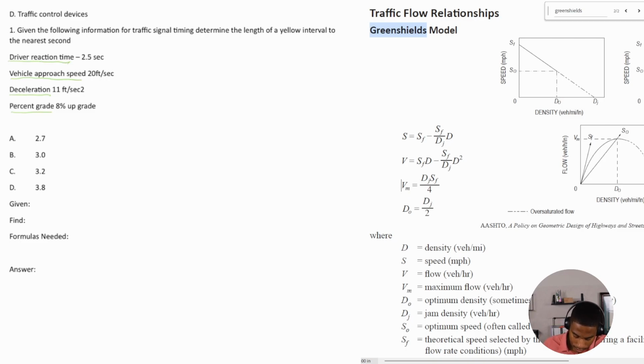We're trying to find the length of a yellow interval. I'm just going to erase that because that is atrocious.